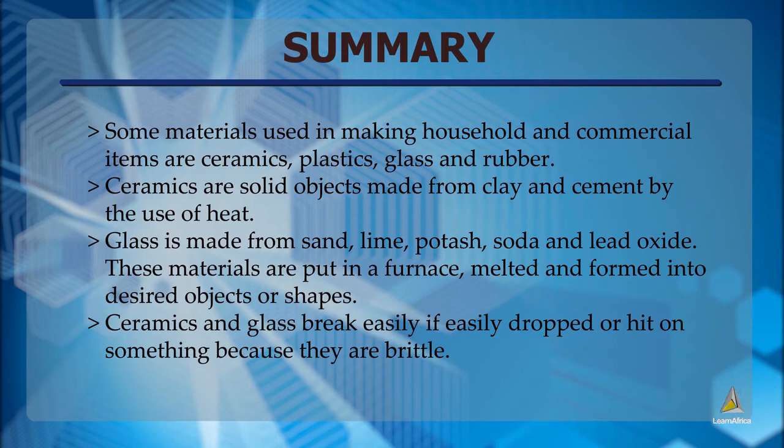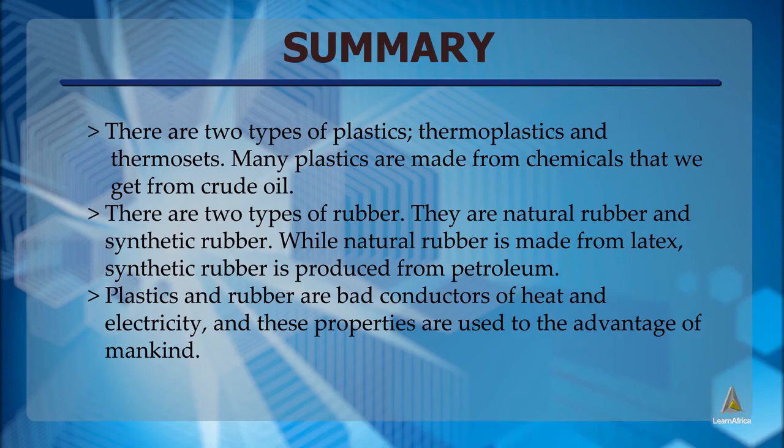We also learned that ceramics and glass break easily if dropped or hit on something because they are brittle. And we saw that there are two types of plastics, namely thermoplastics and thermosets. Many plastics are made from chemicals that we get from crude oil. We also learned that there are two types of rubber: natural rubber and synthetic rubber.